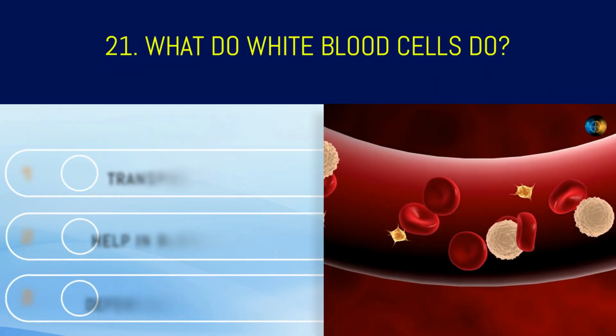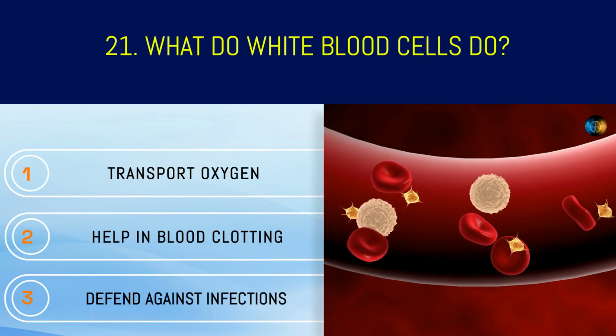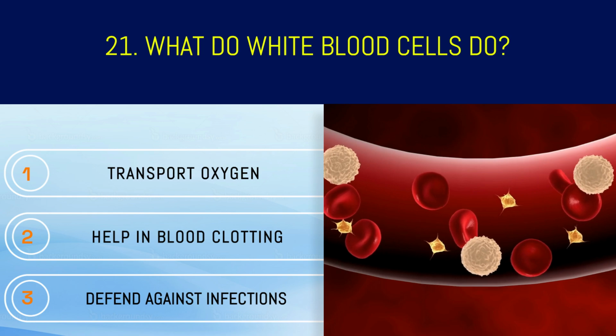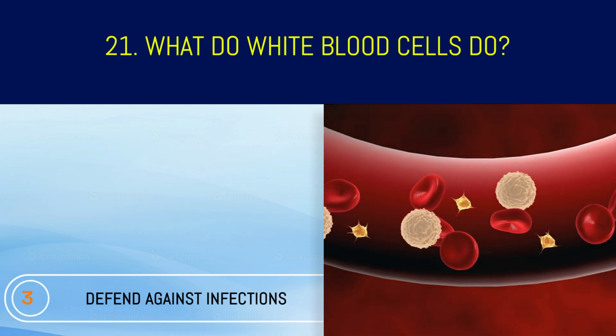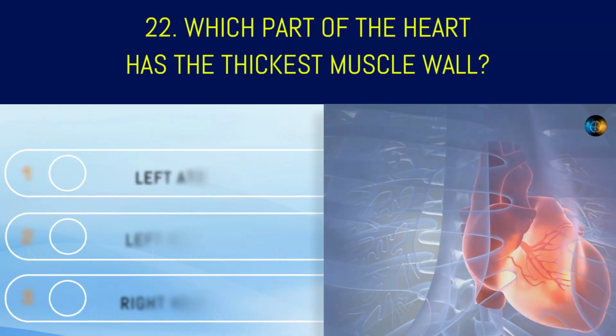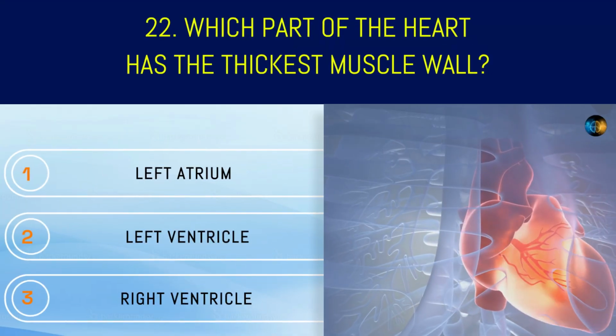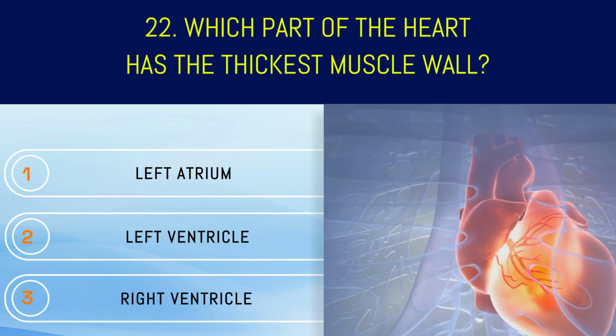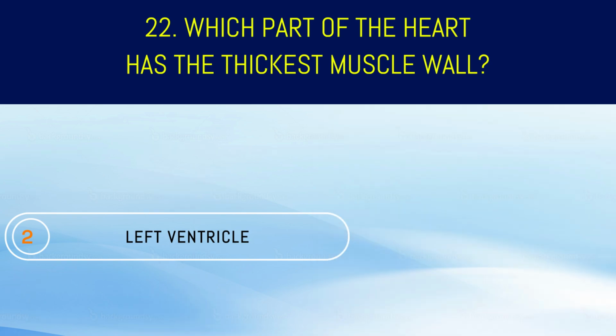What do white blood cells do? Transport oxygen, help in blood clotting, or defend against infections? Defend against infections. Which part of the heart has the thickest muscle wall? Left atrium, left ventricle, or right ventricle? Left ventricle.